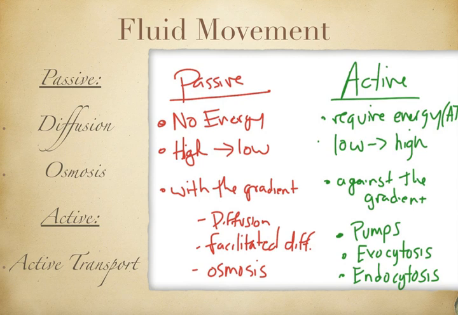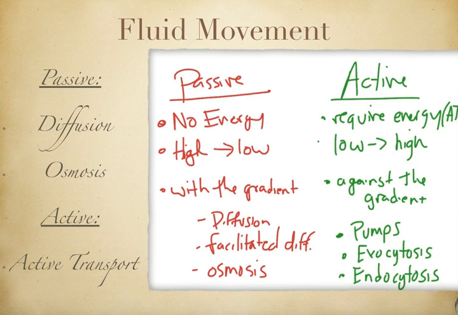And then fluid movement: passive or active? Passive means it doesn't require any energy. Active means some energy, or ATP, if reaching way back to pathophys, is required. For passive, there are two main types.